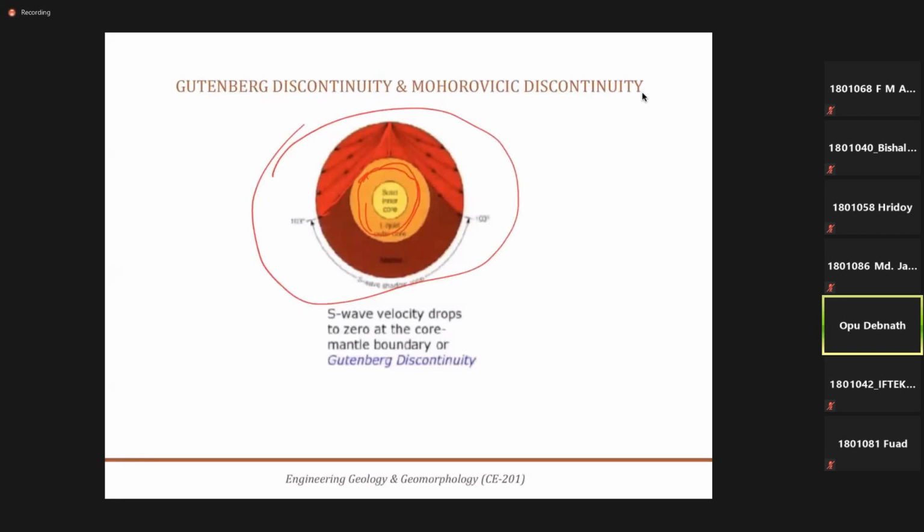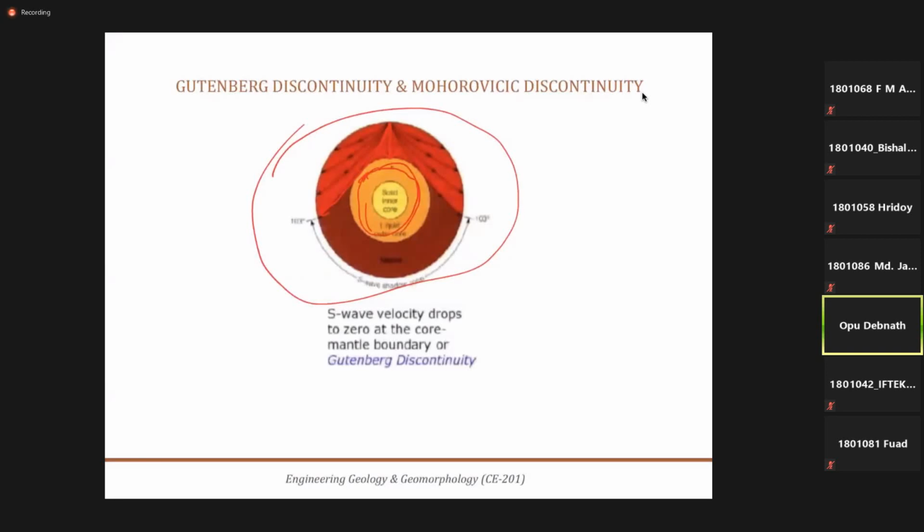Each and every wave has its wave path. In its wave path, suppose one wave comes directly to this point and faces a liquid zone, liquid core or mantle.